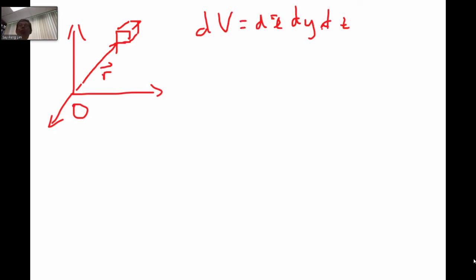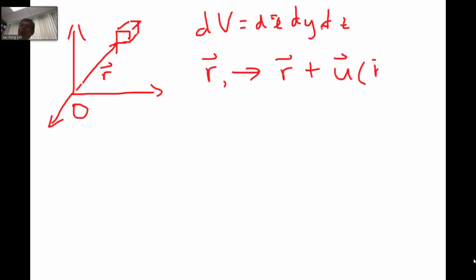Now, since we're interested in distortions and motion, especially distortions, we think of some equilibrium configuration. If the equilibrium position is given by R, then after the distortion it goes to R plus u.